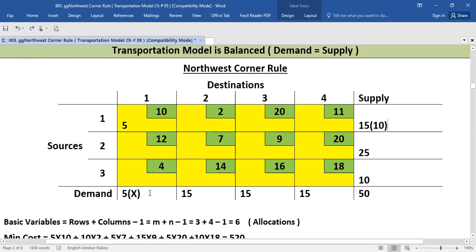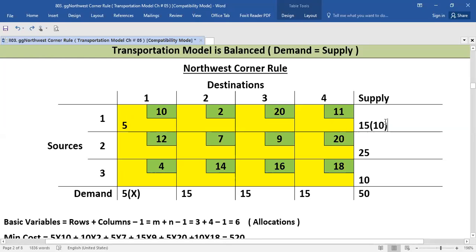Now this step is more important. After the allocation, you will check the difference. If you subtract 5 from this 15, you are left with 10 supply.